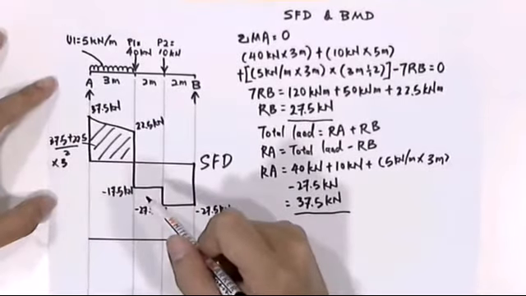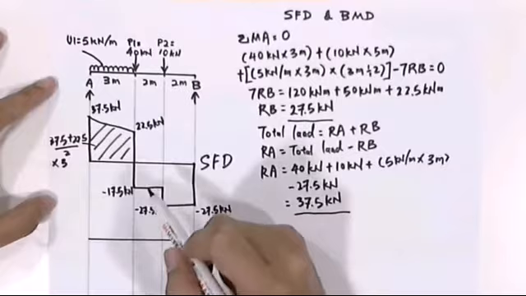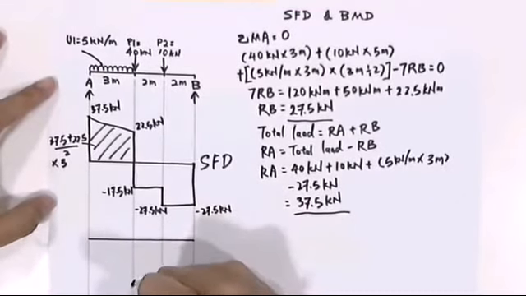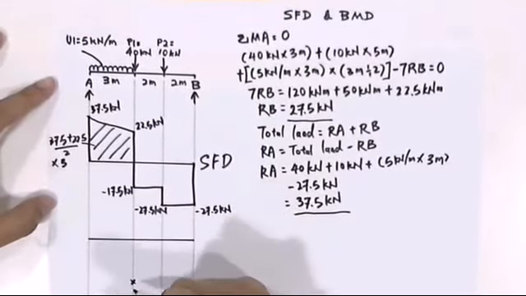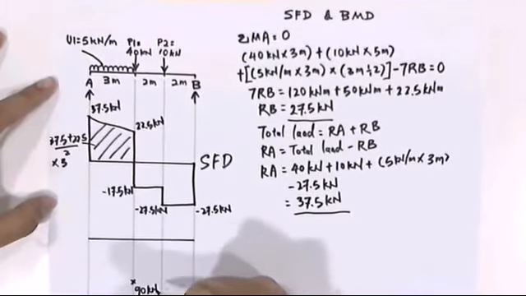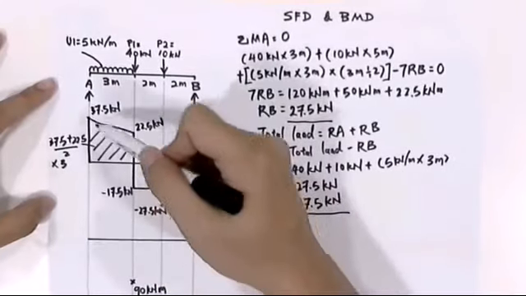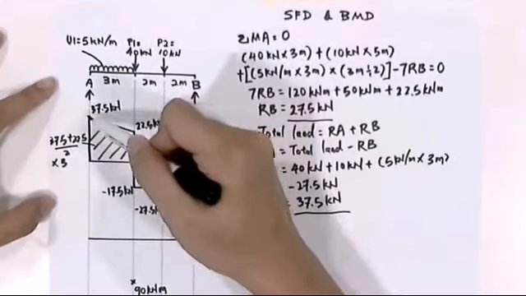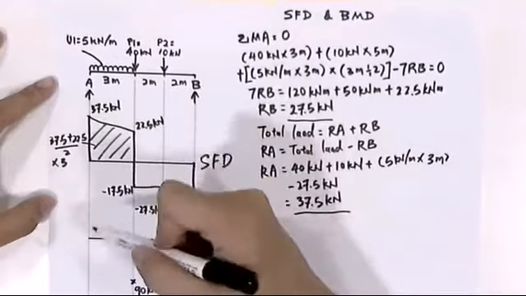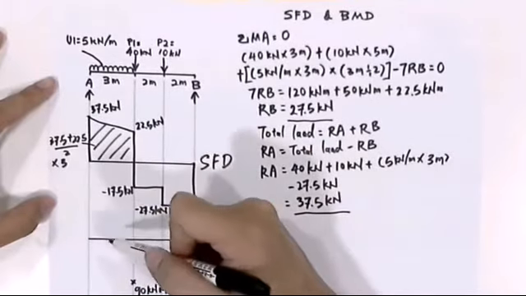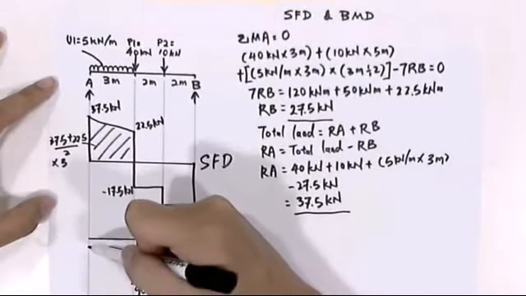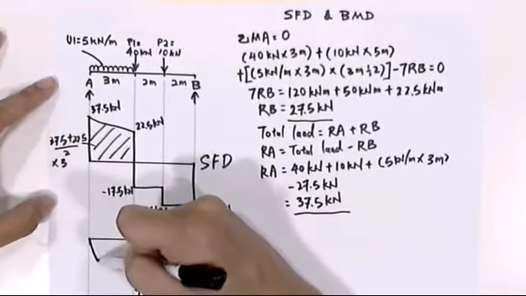The answer will be 90 kilonewton meter. And by looking at this diagram, since the line here is not linear, in the bending moment diagram we'll draw a curved line.